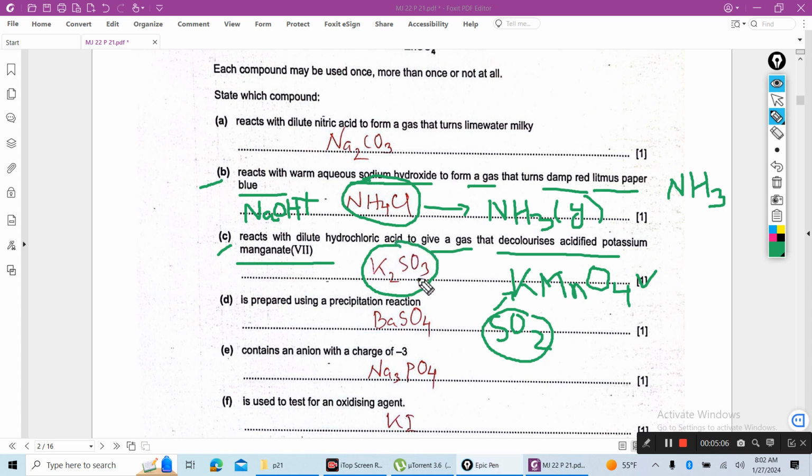K2SO3 is a sulfite salt. So if you add hydrochloric acid to any sulfite salt, sulfur dioxide gas is produced, which decolorizes acidified potassium manganate(VII).